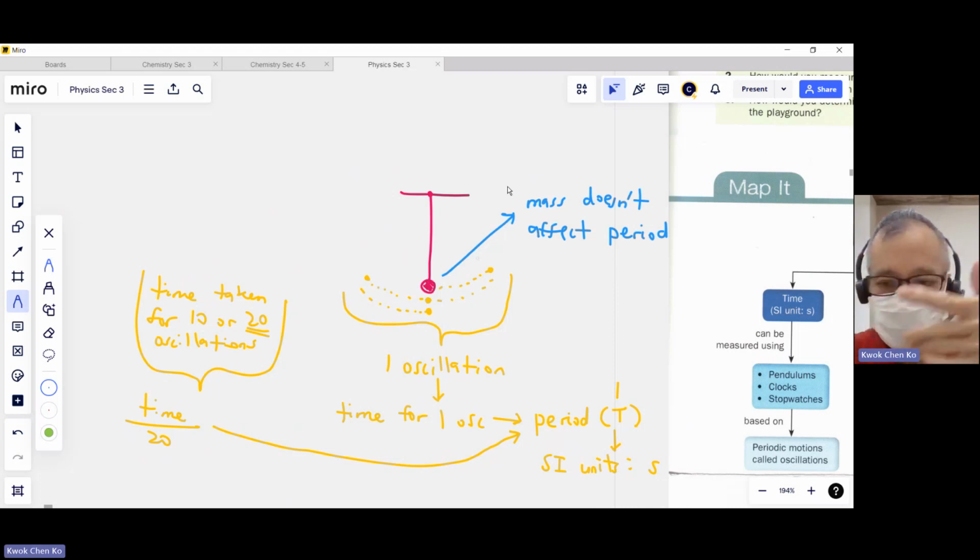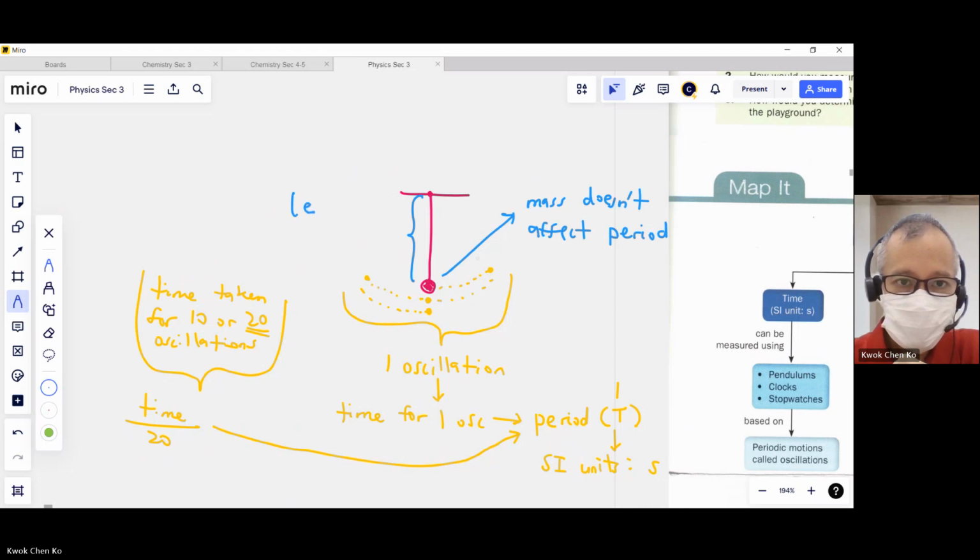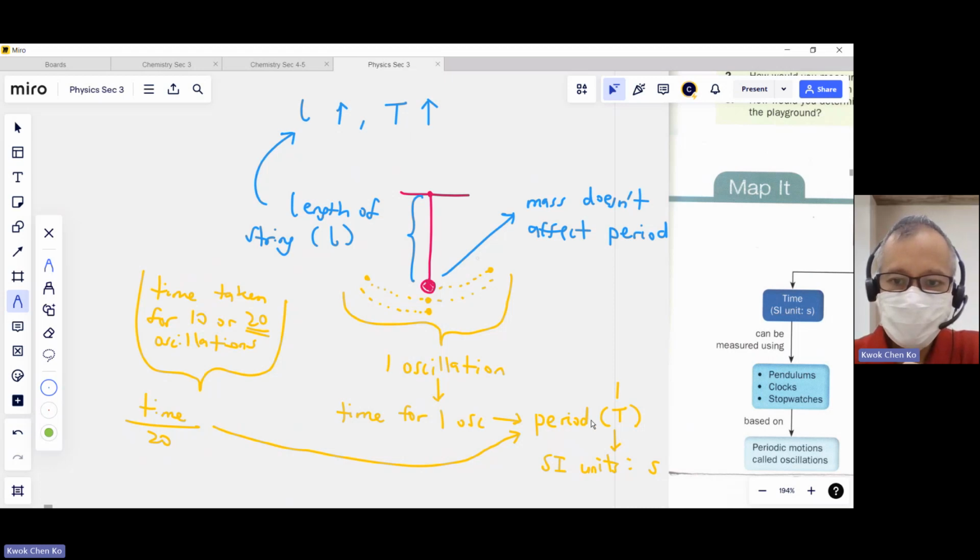But in general, if you just take a typical ball or sphere, it doesn't affect the period. Now, what affects the period? This does. So I'll symbolize it as L. Essentially, keep this in mind, the longer the length, the longer the period. So get used to seeing all these symbols, capital T, small l.